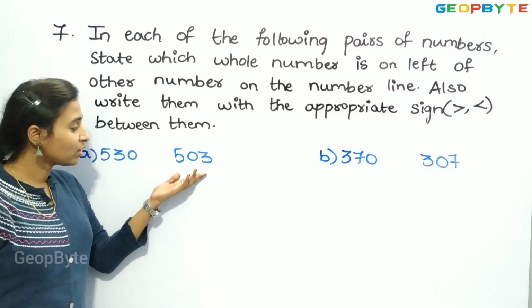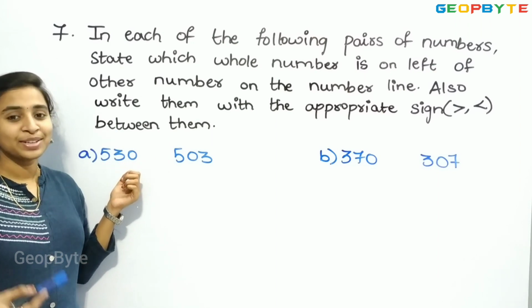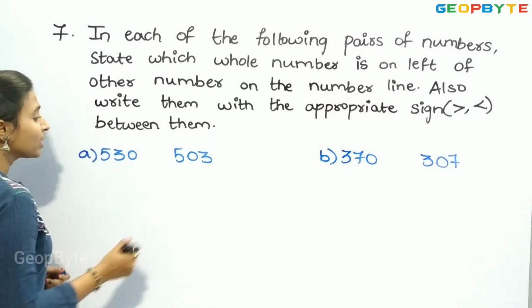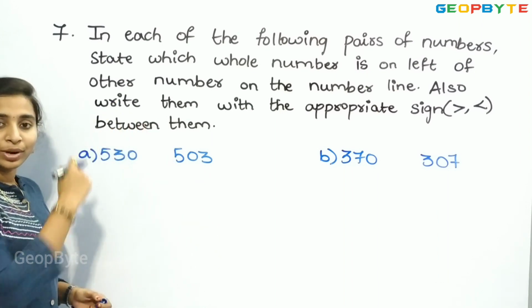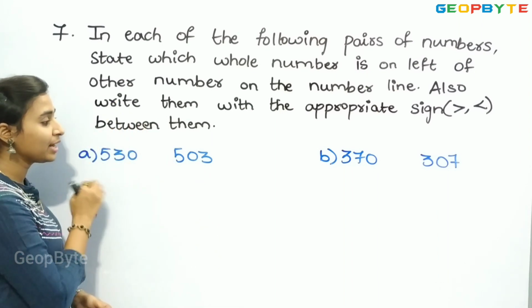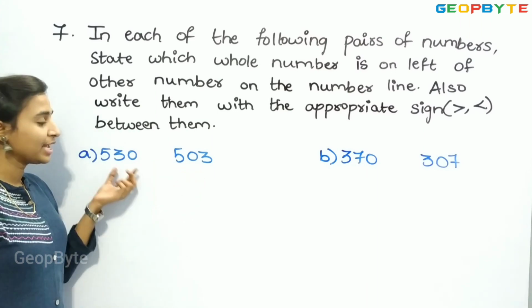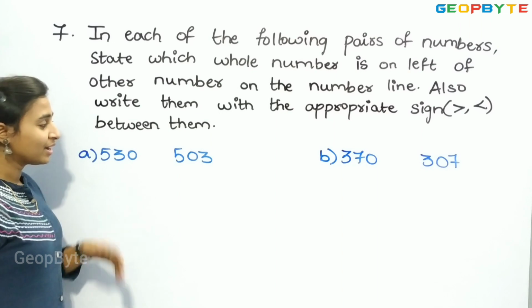Obviously, 503 is the smaller one and 530 is the bigger one. So, 503 will be towards the left side of 530 because on a number line we go in ascending order. So, after 503 only we get 530. Right?